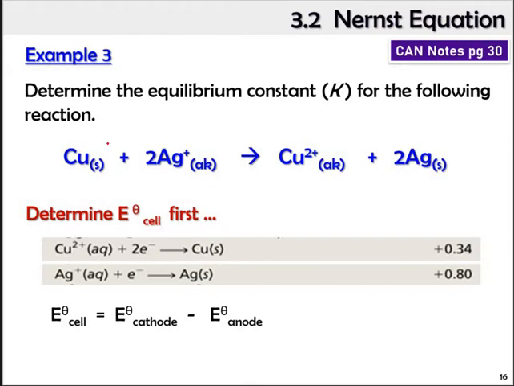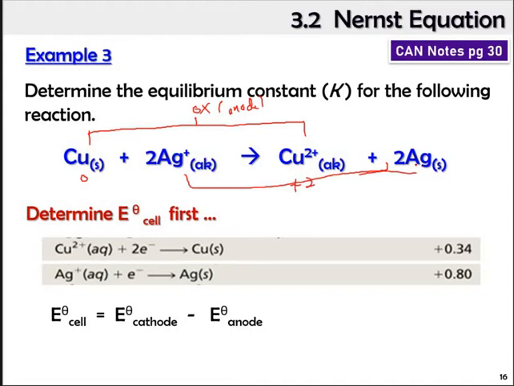From the overall equation, Cu to Cu2 plus, the oxidation number goes from 0 to plus 2, so dia adalah oxidation process at anode. And then Ag plus becomes Ag, positive to 0, so it is reduction at cathode. So ingat, cathode is silver, and copper is anode.